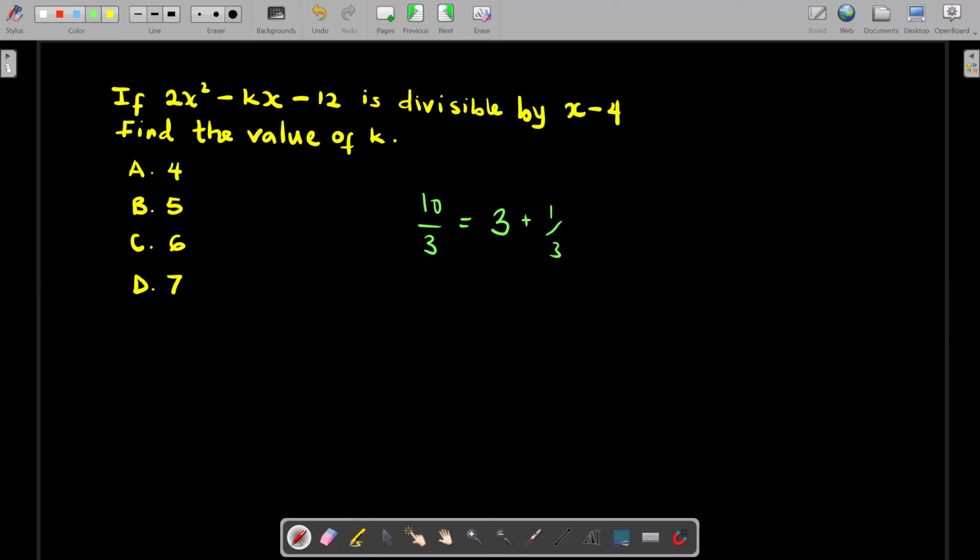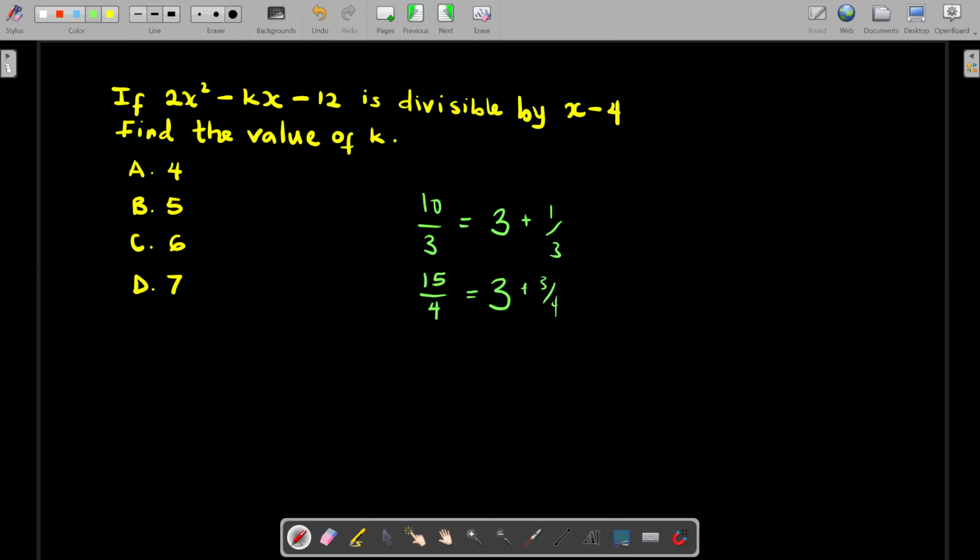Or let's say we have 15 divided by 4. 15 divided by 4 is going to be 3 whole number, and we have 3 over 4. It can be written as 3 over 4 like this.